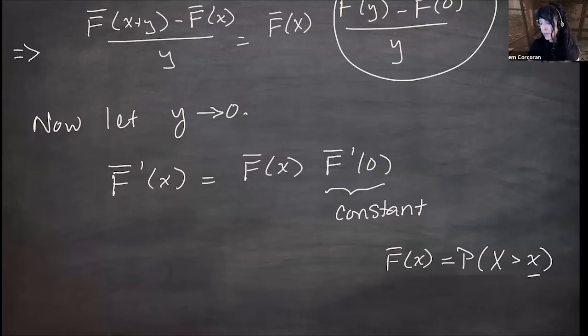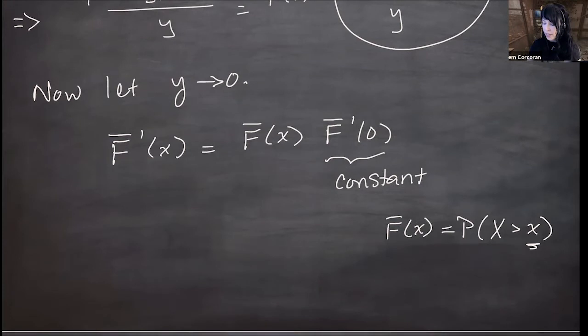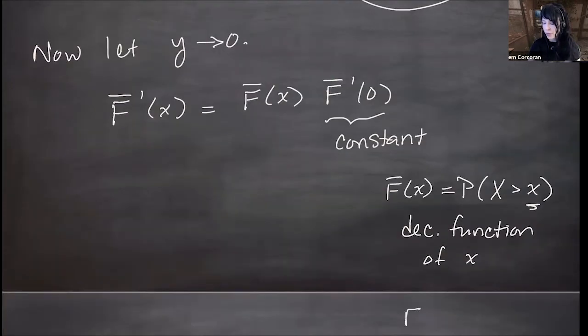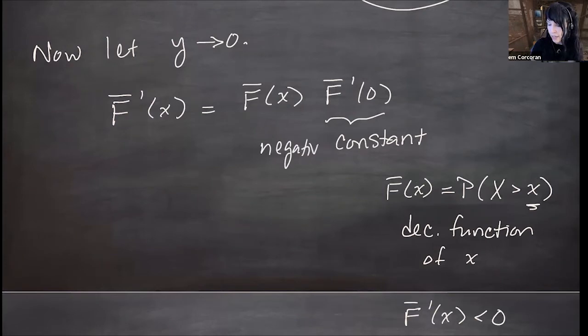And so as little x gets large, it's harder and harder for big X to be above it. So the probability is getting smaller and smaller. This is a decreasing function of x, and so the derivative is going to be negative. And so that's why I know up here that this is a negative constant.